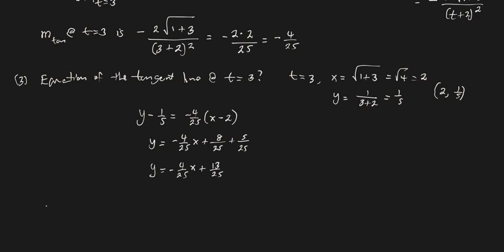Well, let's think about the process here. So let me write our formula down. So dy dx is, you would take the derivative of y with respect to t, and then you divide it by dx dt.